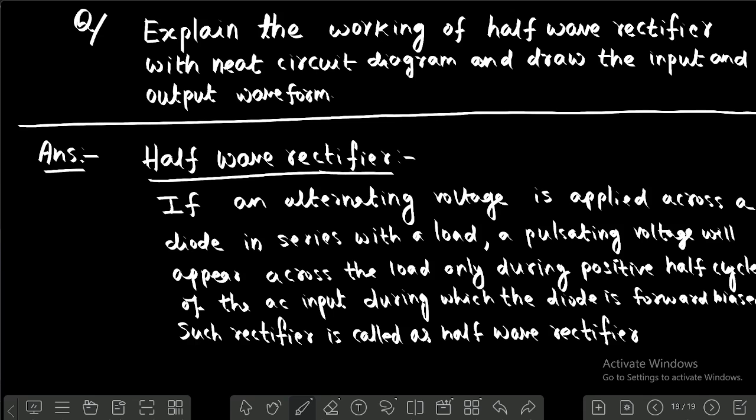Any doubt? Pulsating means pulses, like this. It is an alternating voltage, but the negative cycle is removed. So this is about the half wave rectifier.